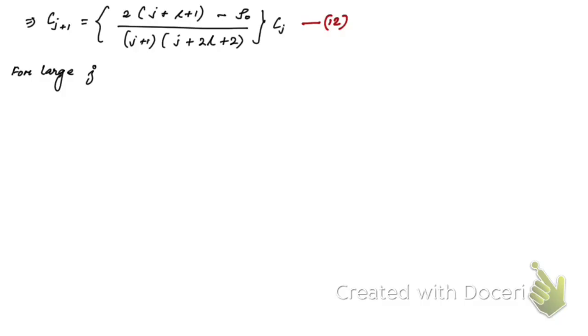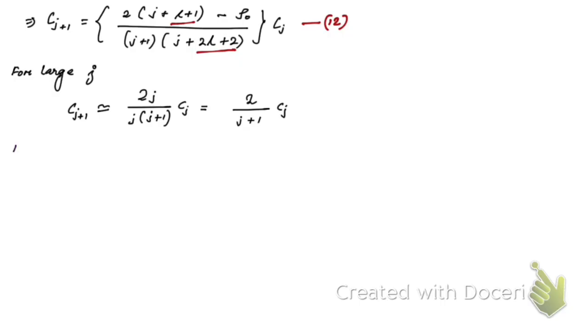If j is very large, we can ignore the remaining terms other than j, because j is itself very large. So that's why we end up getting this, and if you cancel j and j, we get this.